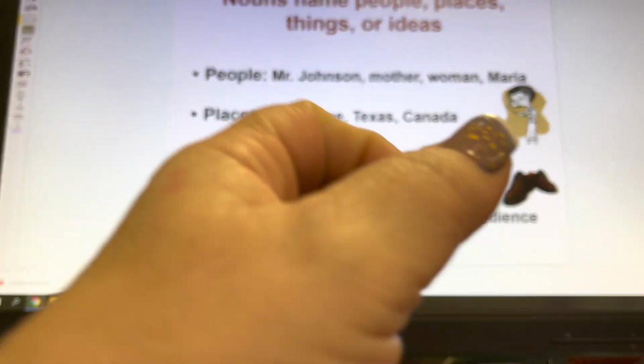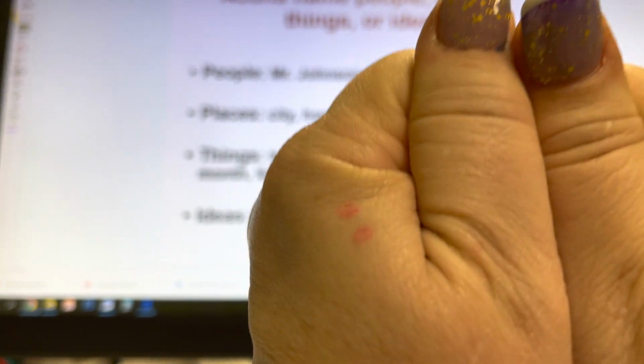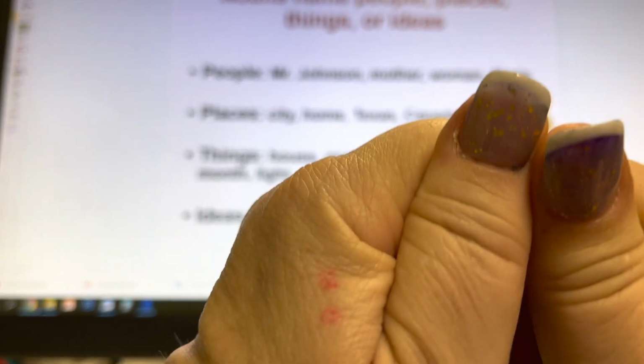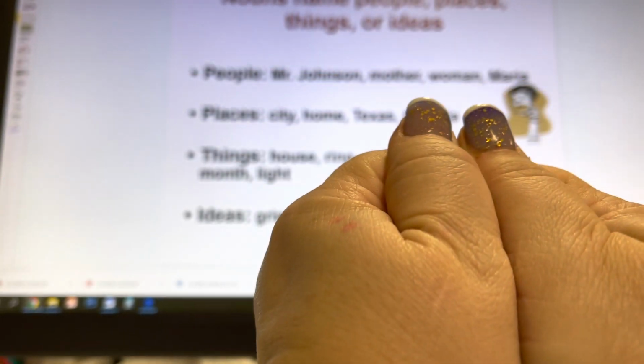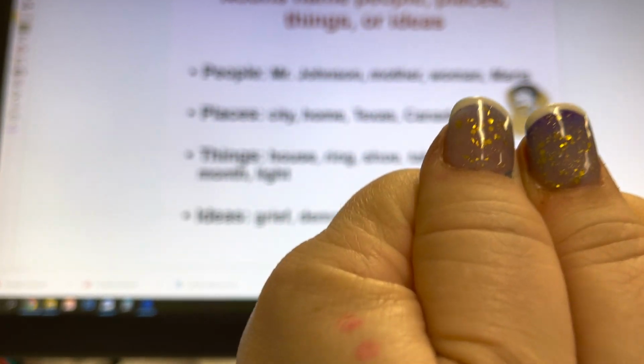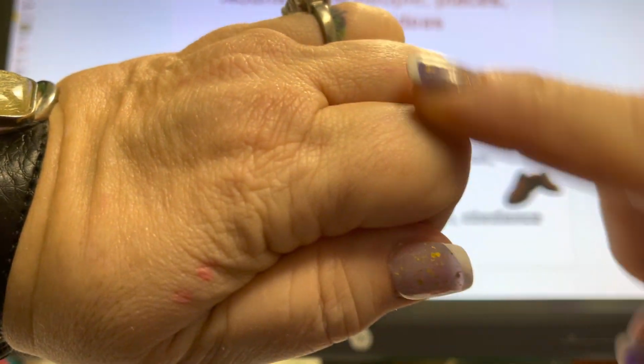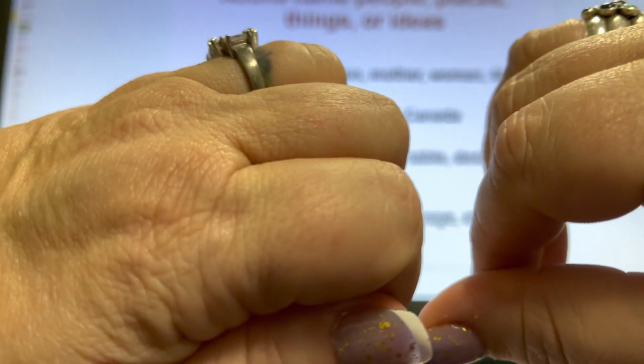So if we think about a brain kind of looks like your hand, right? You put it together, those are the parts, and then it comes together at the end. If you look at this part of your brain where it meets the other, like you have the left and the right parts, right?